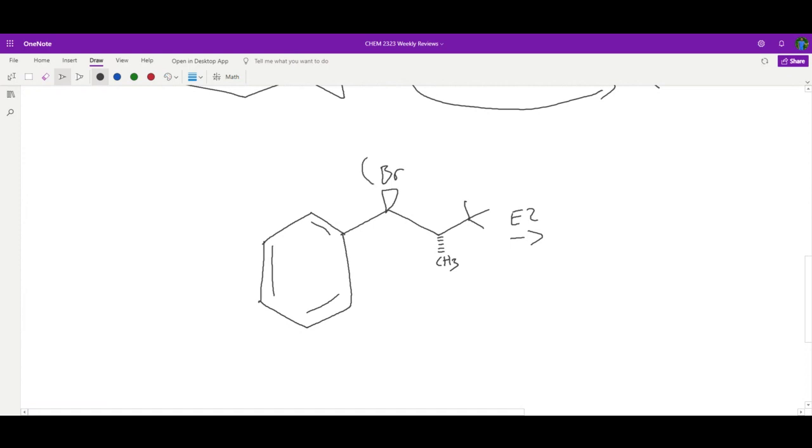So let's look at our leaving group. Basically, this is the leaving group that leaves. Your carbon is right here. Your adjacent carbons are this one and this one. Okay? So is there a scenario where I can put a double bond right here?